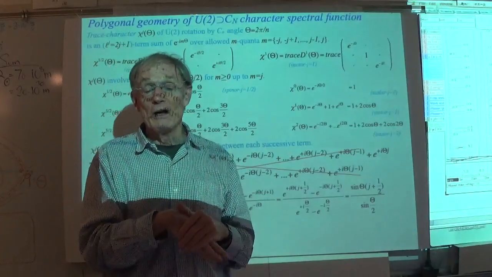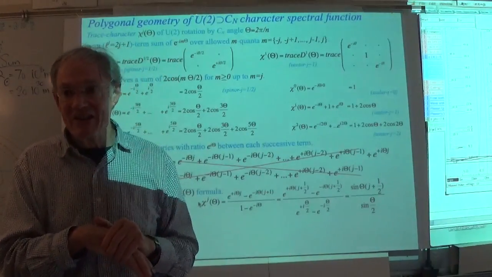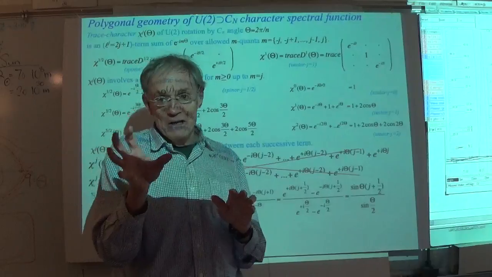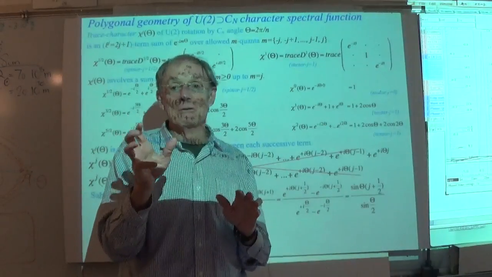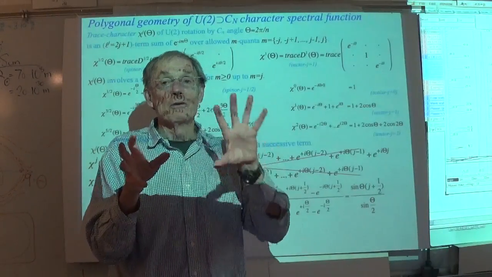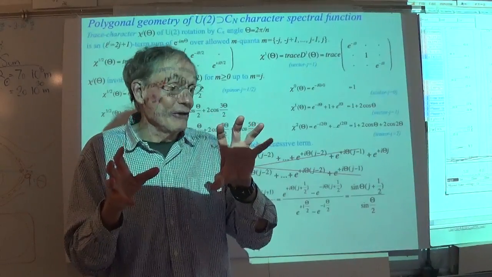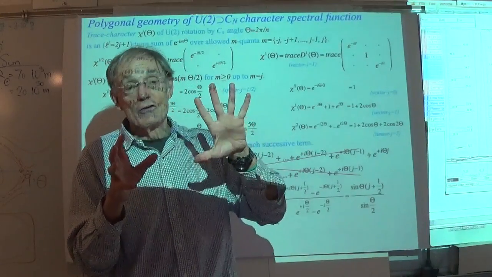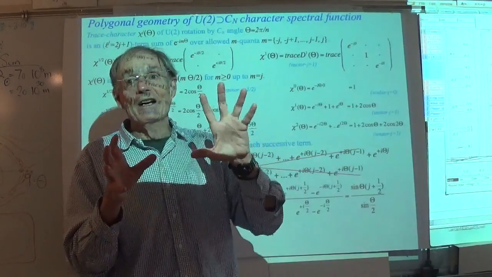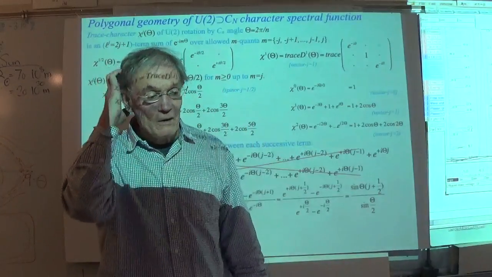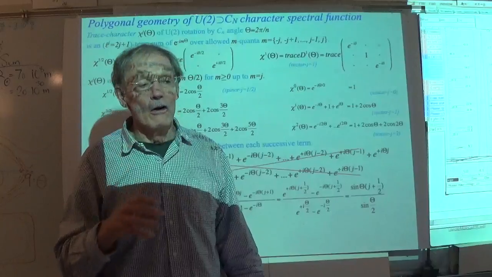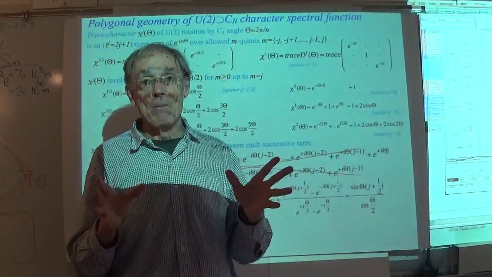So U2, that spinor space, has a funny, what's called homomorphic relationship with the three-dimensional real space that has the spin vector and the Stokes vector and the stuff that we would just call ordinary angular momentum.